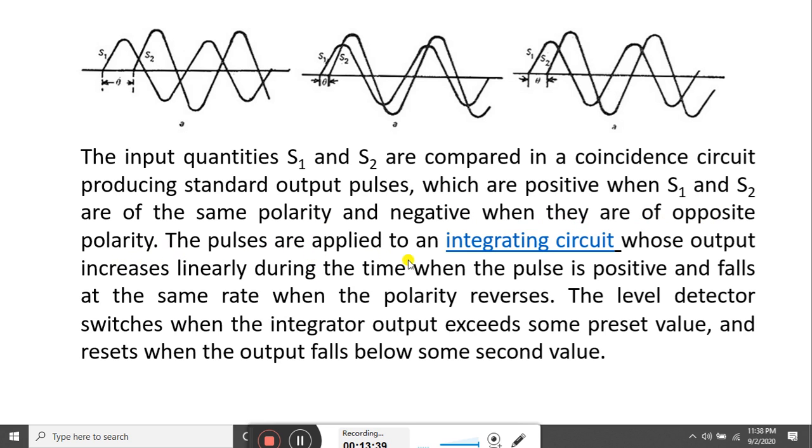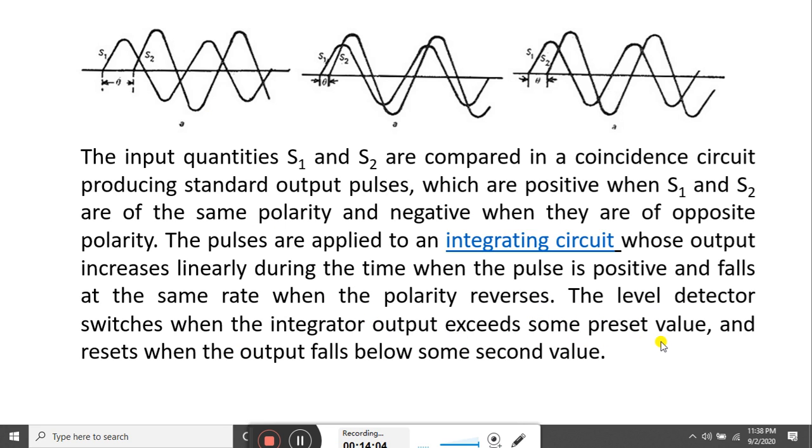The pulses are applied to an integrating circuit whose output increases linearly during the time when the pulse is positive and falls at the same rate when the polarity reverses. The level detector switches when the integrator output exceeds some preset value.